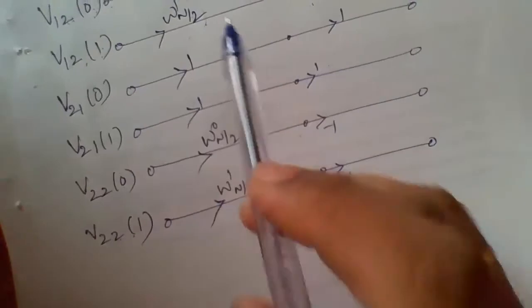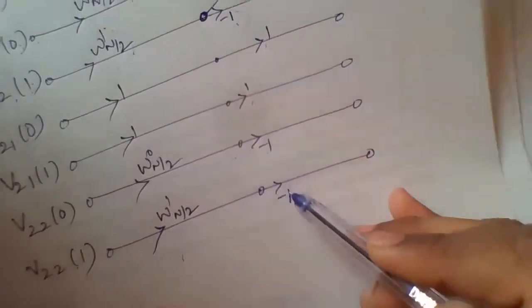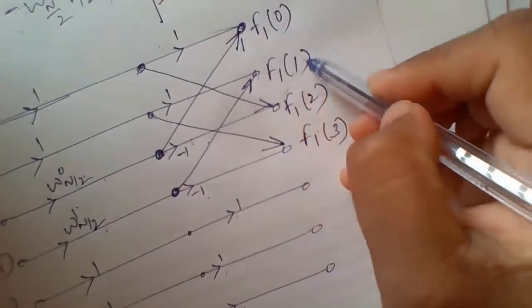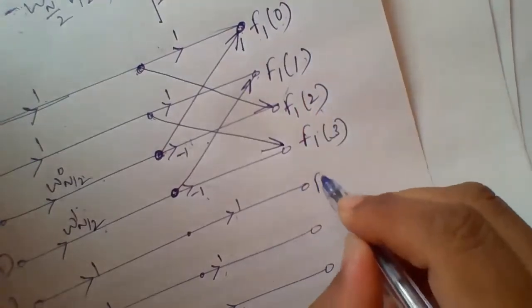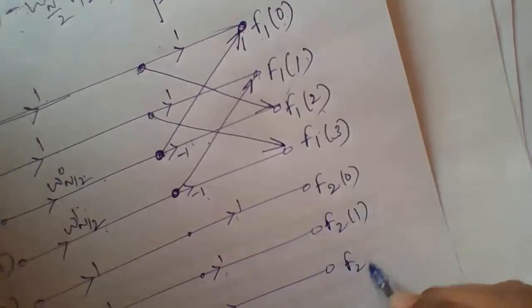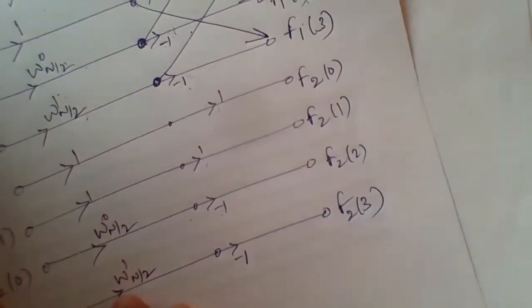Further, all twiddle factor patterns and 1, 1, minus 1, minus 1 are the same. So as I have f1 of 0, 1, 2, 3, similarly here I will have f2 of 0, f2 of 1, f2 of 2 and f2 of 3.